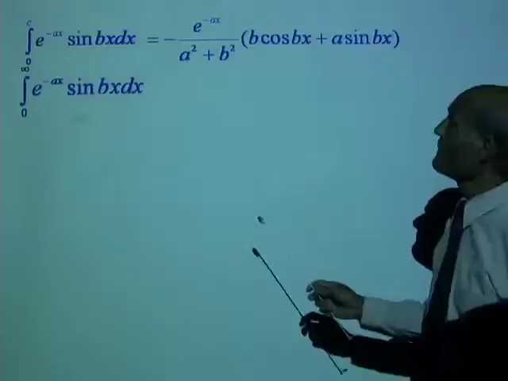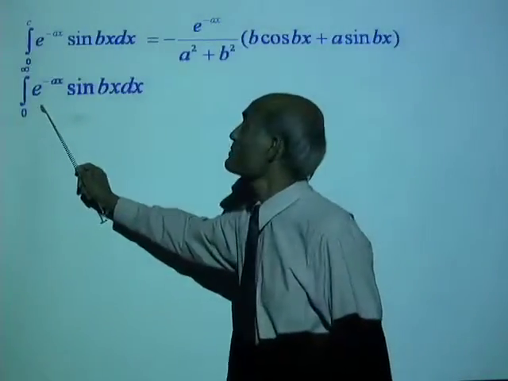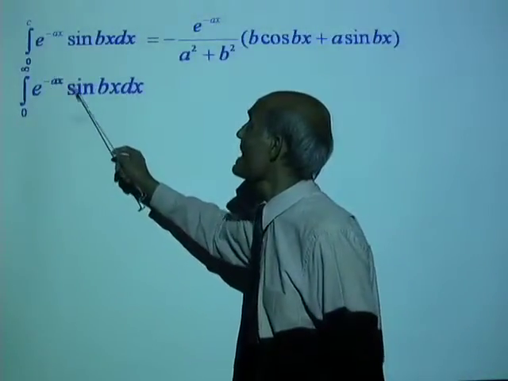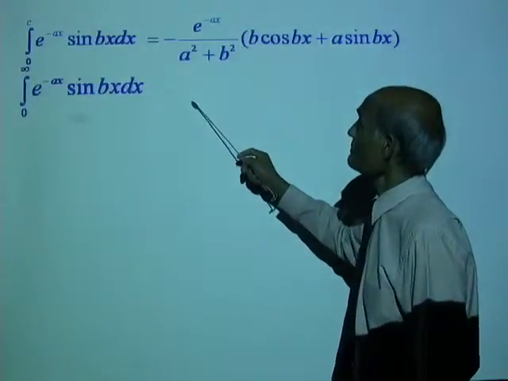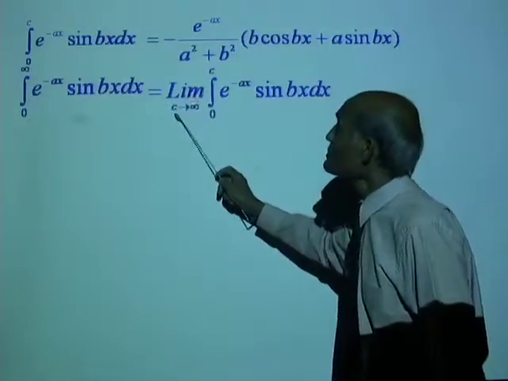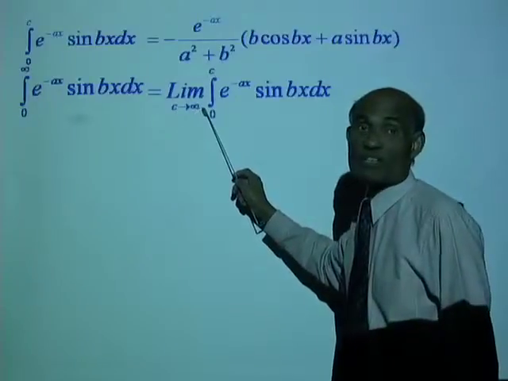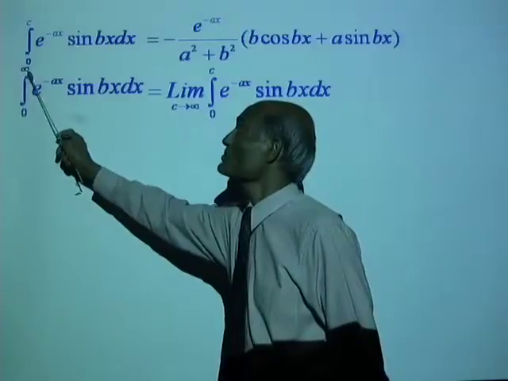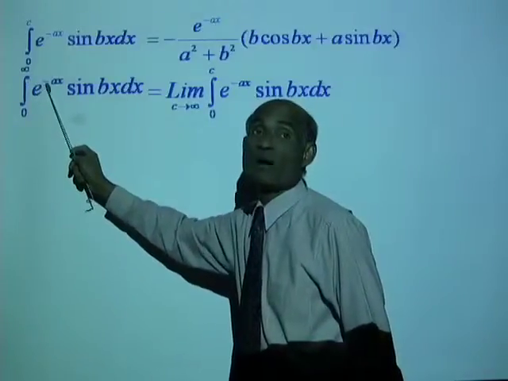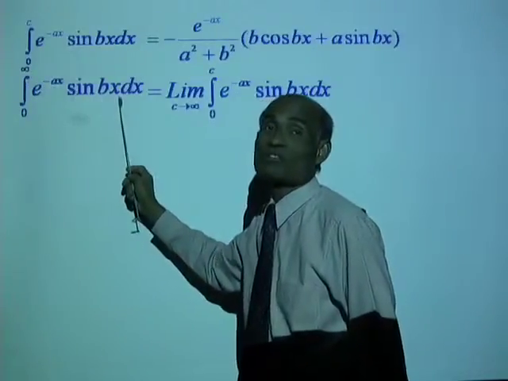All right, let's do that here. So the integral of e to the power of negative ax sine bx dx equals the limit as c approaches infinity. We know that we want to find the integral from 0 to infinity of e to the power of negative ax sine bx dx.